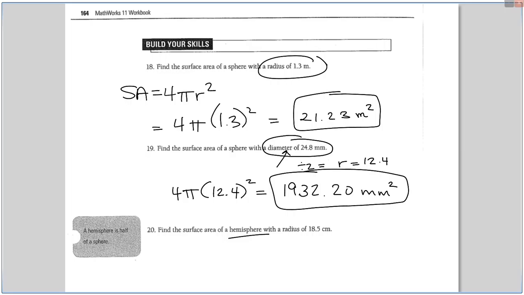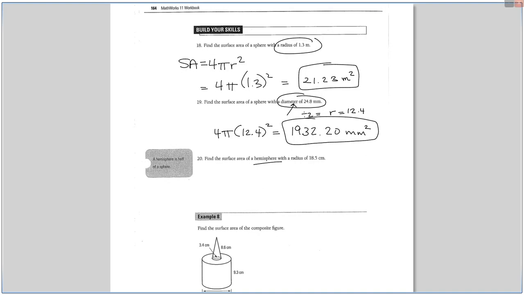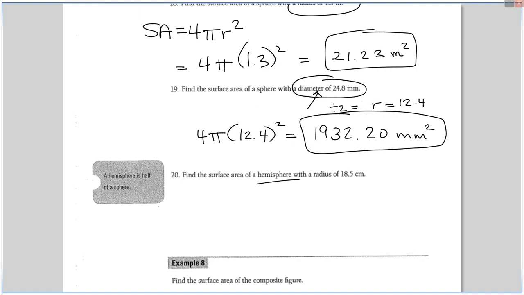Okay? So this one, find the surface area of a hemisphere. That would be with base. With base would be 3 pi r squared.